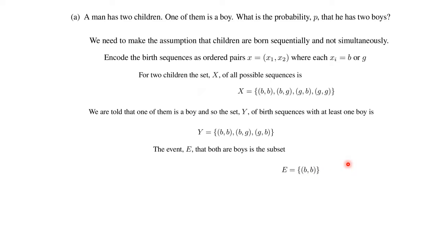Then the probability is the cardinality of this set over the cardinality of this. So the probability then, if we have no other information about these children, is the number in this event over the total in what we're calling the sample space for this problem, which is 1 out of 3.